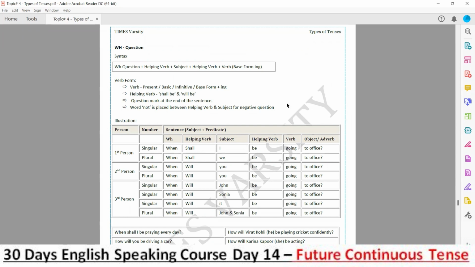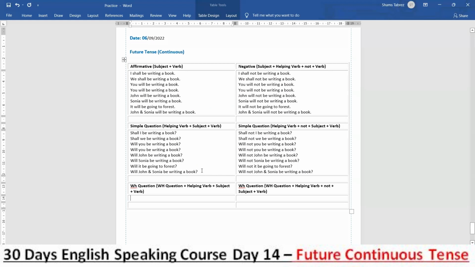Same helping verbs are used. And if we would like to make a WH negative question, then not is added as usual. So you can see here, when shall I be going to office? When will you be going to office? All right. Before we go ahead with this one, so here we have question.